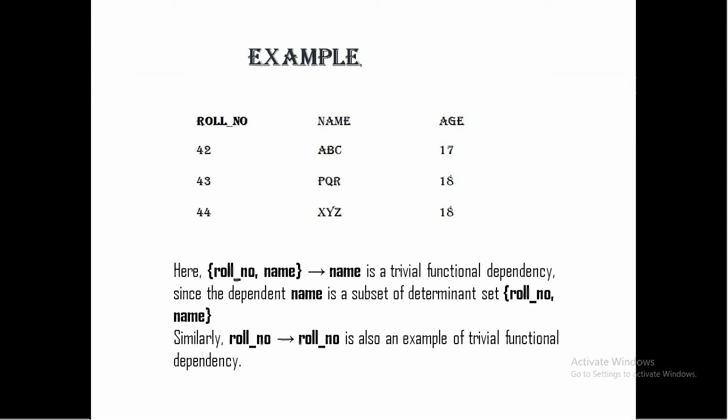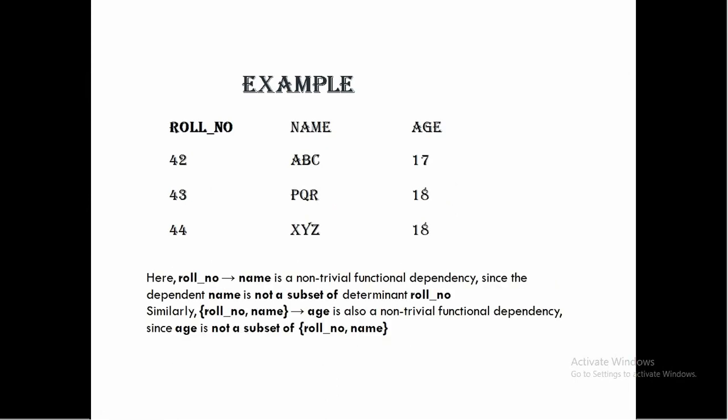Let's take an example here. The attributes are roll number, name and age. Roll number, name → name is a trivial functional dependency since the dependent, name, is a subset of the determinant set, roll number, name. Similarly, roll number → roll number is also a trivial functional dependency.